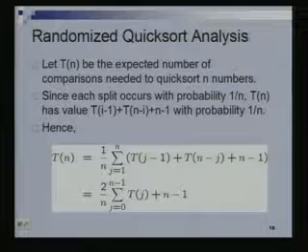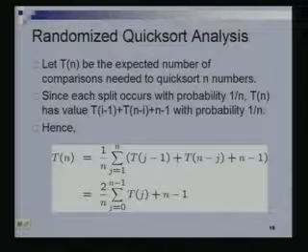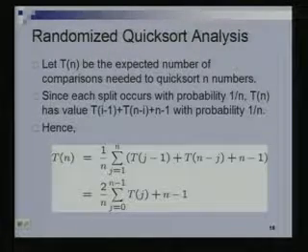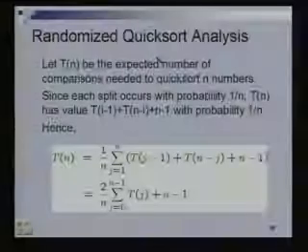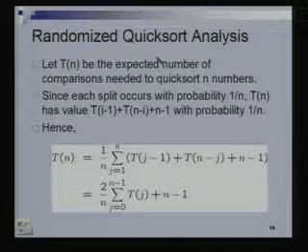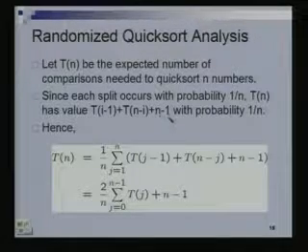Because you can think of the partition process as every number being compared once against the pivot, and then all those that are less than the pivot are put on one side, all those that are more than the pivot are put on the other side. So we always require n minus 1 comparisons. Every number has to be compared against the pivot, because otherwise we will not be able to decide whether it goes on the left side or the right side. So this is the partition part.